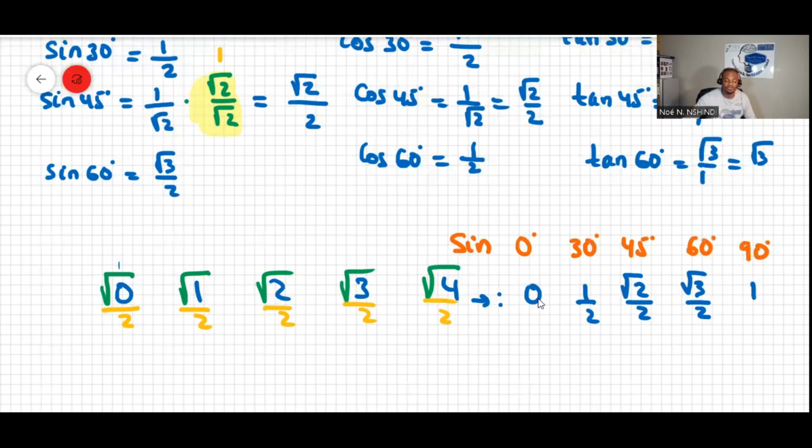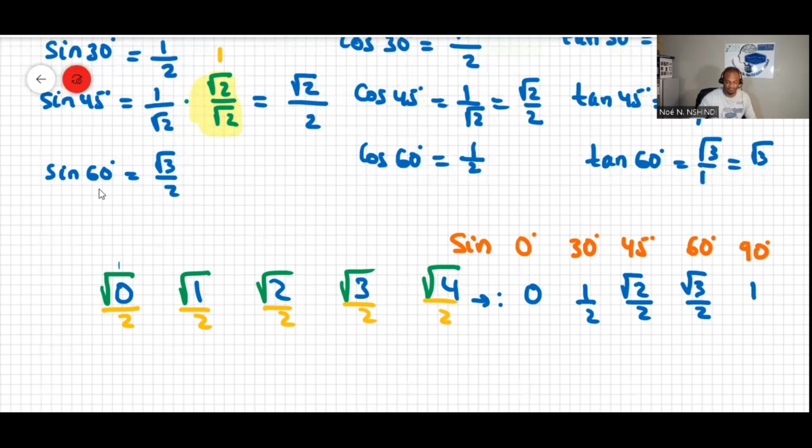Sine of 0 degrees must be 0. Sine of 30 degrees will be a half, as we can see there. Sine of 45 degrees is √2/2. Sine of 60 degrees would be √3/2. And the sine of 90 degrees is 1, but it wasn't in the triangle.